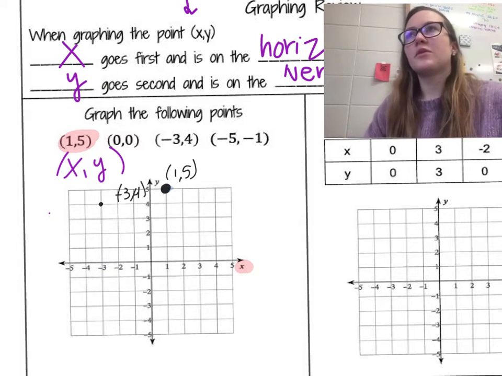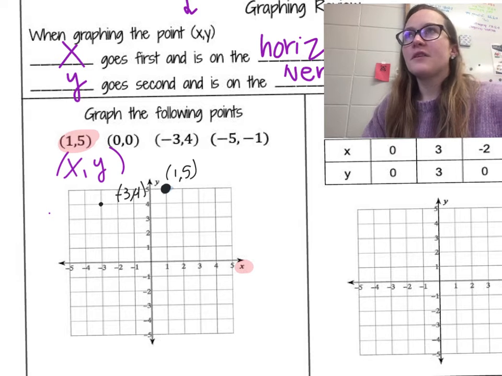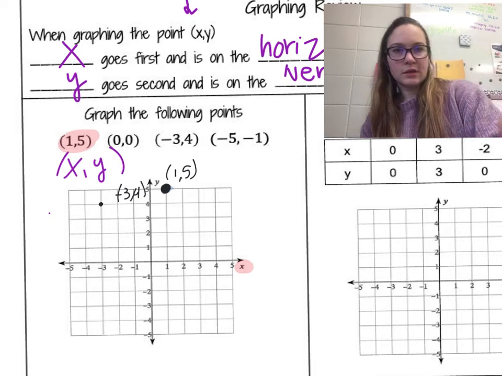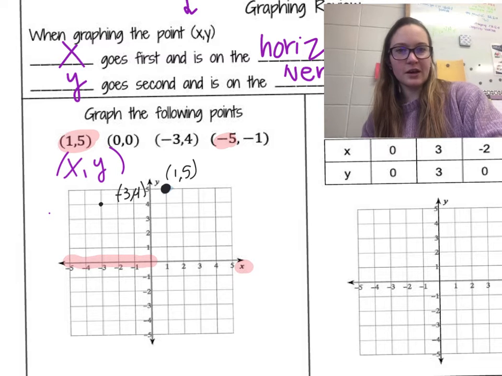All right, a couple more. We have negative 5, negative 1. Okay, so I'm going to start at my origin. My X value is negative 5, so I'm going to go left to negative 5. My Y value is negative 1, so I'm going to go down to negative 1.